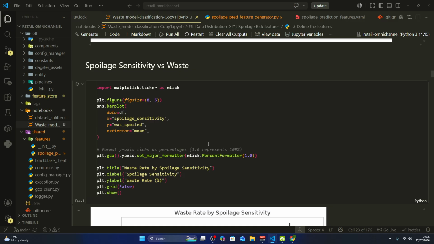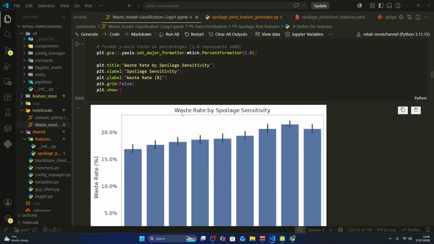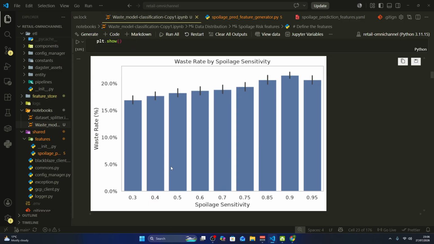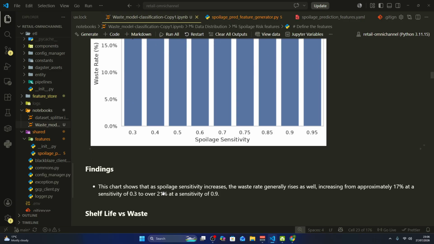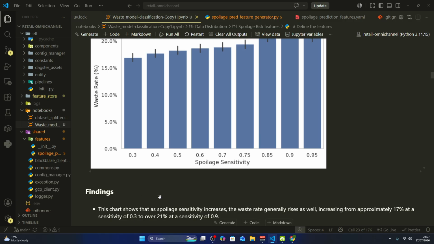Then the spoilage sensitivity versus the waste rate. The finding with this chart is that as spoilage sensitivity increases, the waste rate generally rises as well, increasing from approximately 17% at a sensitivity of 0.3 to over 21% at a sensitivity of 9.